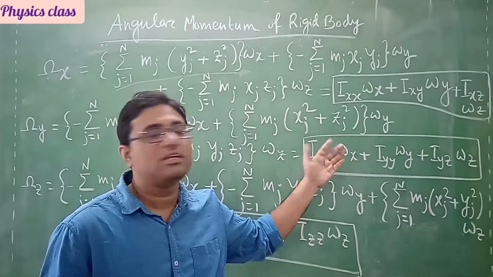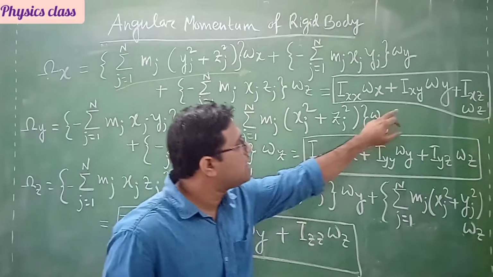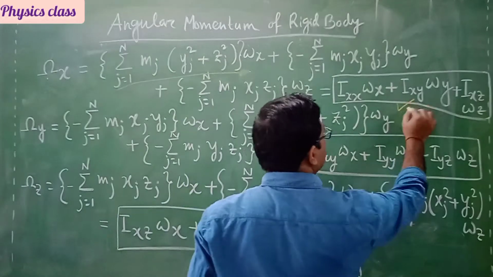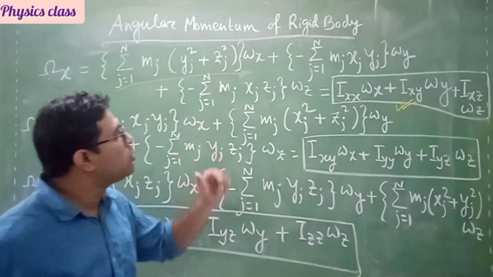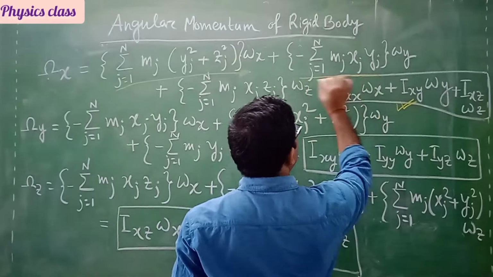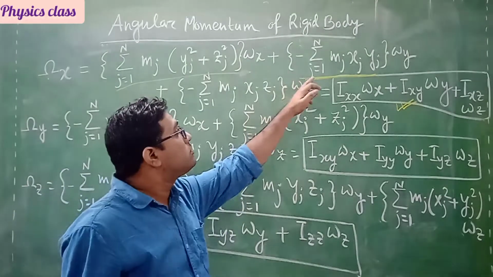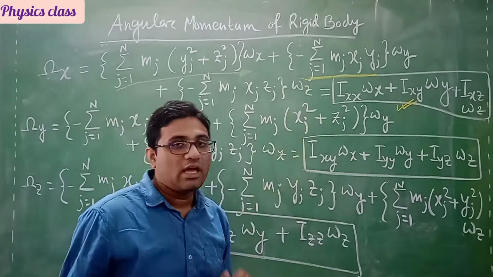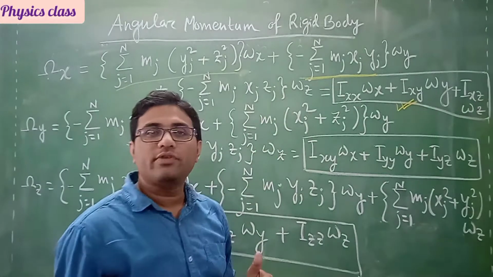But why am I writing double indices xx? Because here you can see there is one term that we are getting, that is Ixy. So let's see what that is. This is your Ixy, that is minus summation over j equals 1 to n of mj xj yj. So this is called the product of inertia.